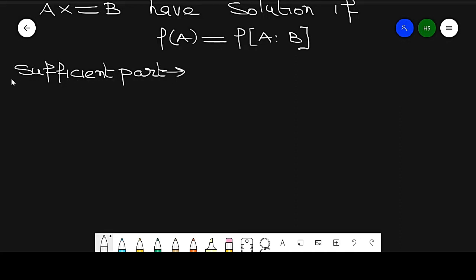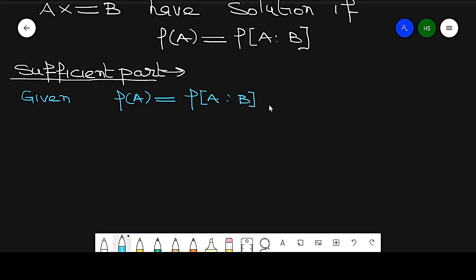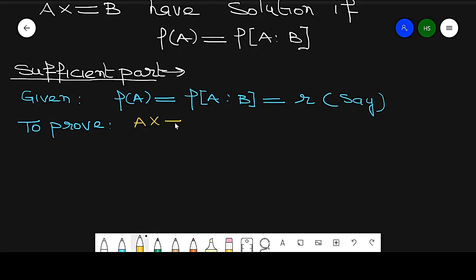In this case the ranks are equal, and my part is to find the solution of Ax equal to B. So in this case, given that the rank of A and the rank of the augmented matrix are the same, say that it is equal to R. Now to prove Ax equal to B has a solution, it is consistent.